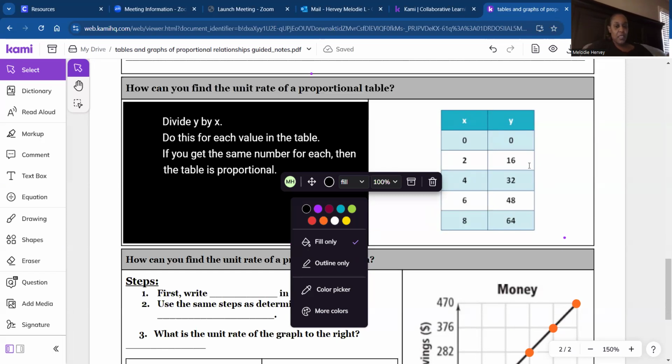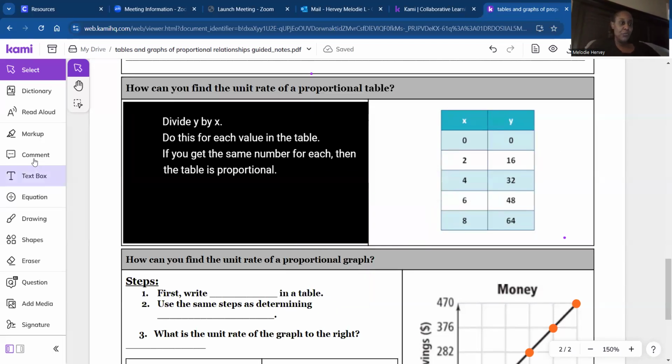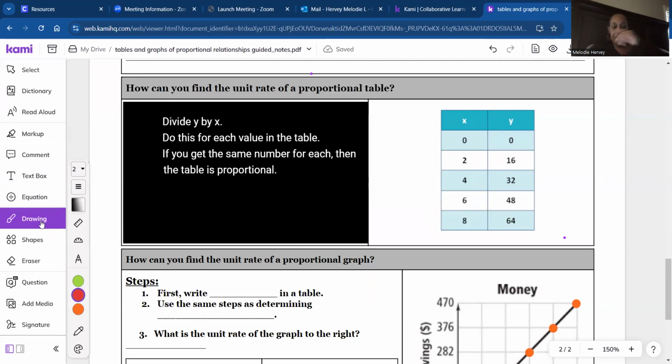When I say use your notes, you'll have access to this. So the first thing you'll do is divide y by x, and you do this for each value in the table. If you get the same number for each, then the table is proportional. And that's all I really wanted to emphasize here. I didn't want to get us confused with too much in the table.